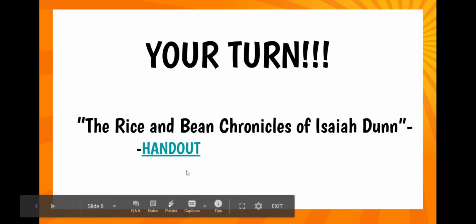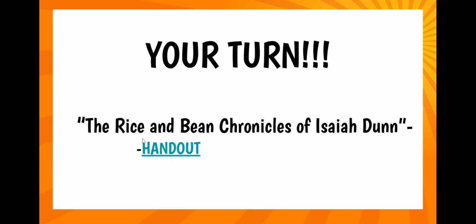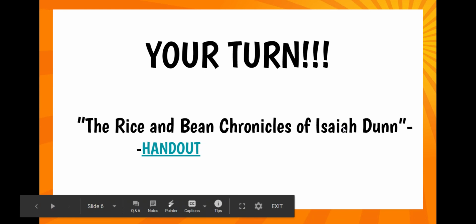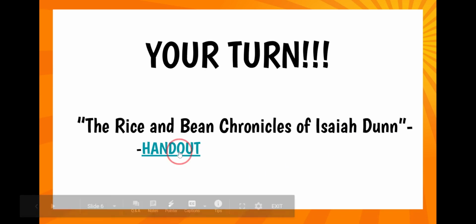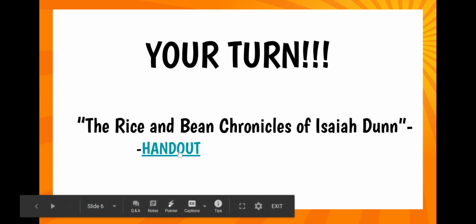Now it's your turn. You're going to take the handout from Rice and Beans of Isaiah Dunn, and you're going to do the same thing I just did. You have the example that I just showed you. You can click here for that. But you're going to tell me who seems to be telling the story, what is the point of view, and what pronouns give this away.